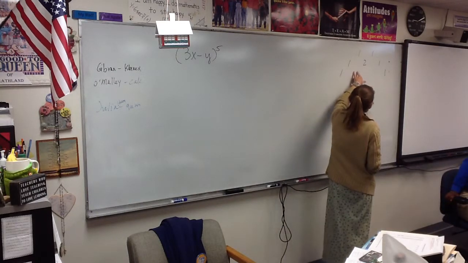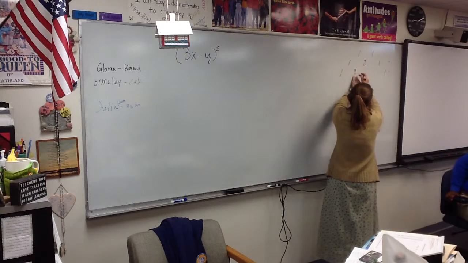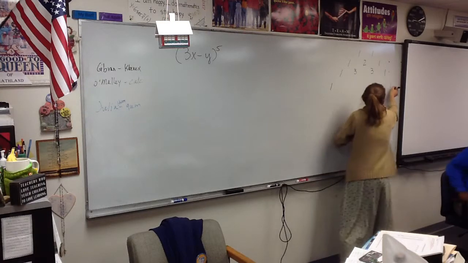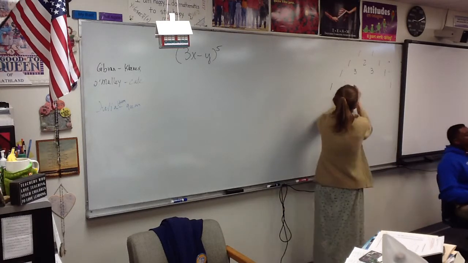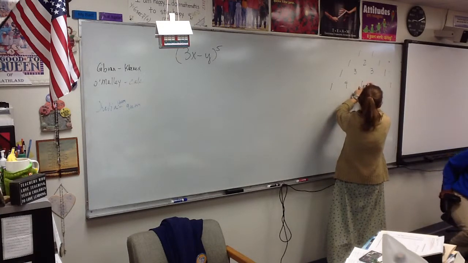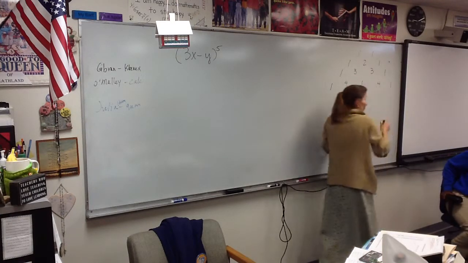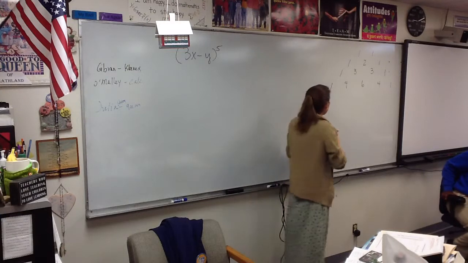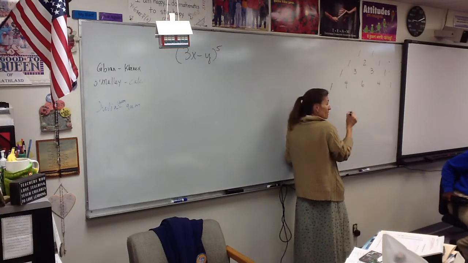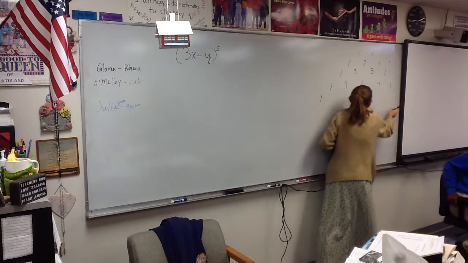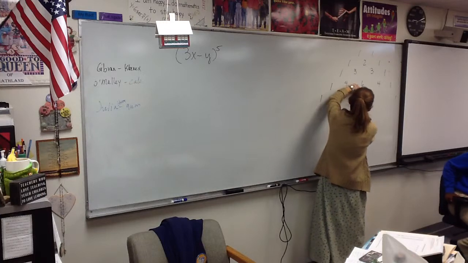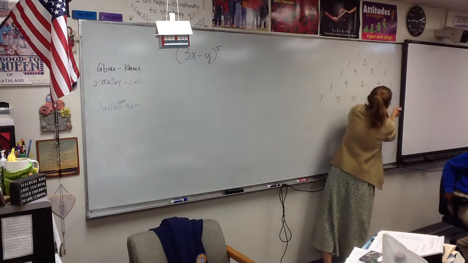Now put a number right here, it would be 3 because I'm adding, and another 3. 1 and 1. This would be 4. This one would be 6, and this one would be 4. When you're writing the row, you're putting the numbers in between the two above it, not underneath them. So 1, 1. This one would be 5, 10, 10, 5.